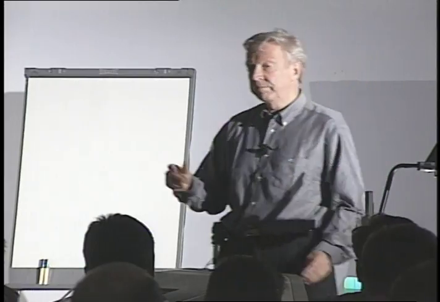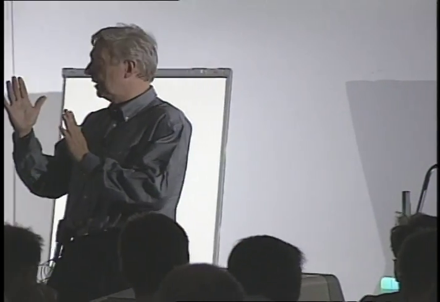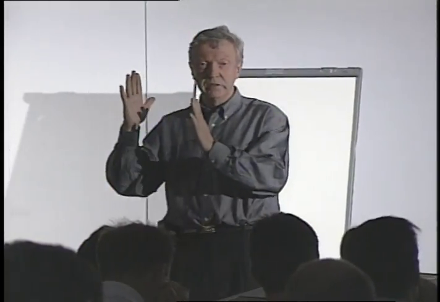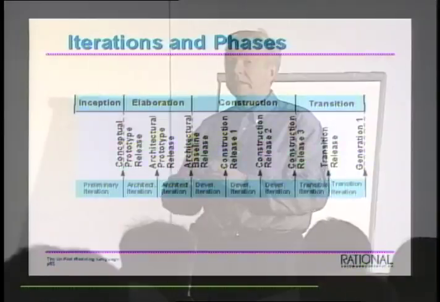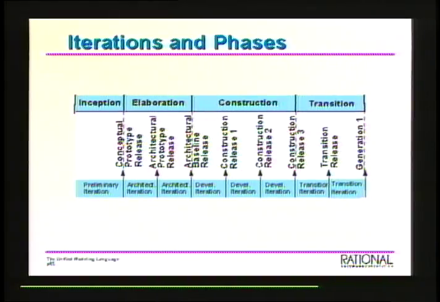So the way you develop these things is that during these different phases, in the first phase, the Inception phase, you identify some use cases, and based on these use cases, you come up with a skeleton of an architecture. So you get an idea of what the product is.